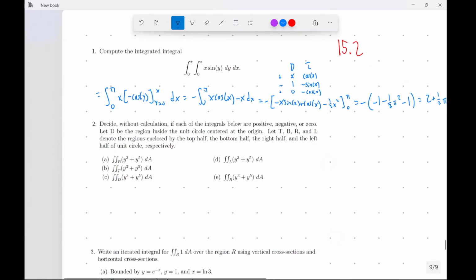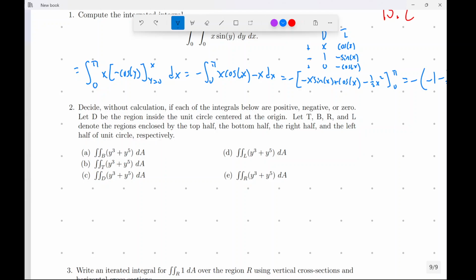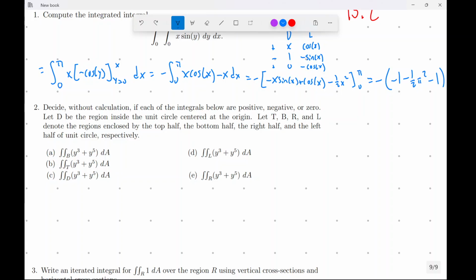Okay, number 2. We want to decide without calculation if each of these integrals are positive, negative, or 0. And D is the unit circle centered at the origin. Okay, so part A, the integral over the bottom half of that circle of y cubed plus y to the 5th.